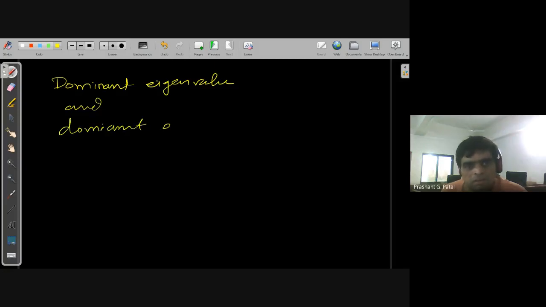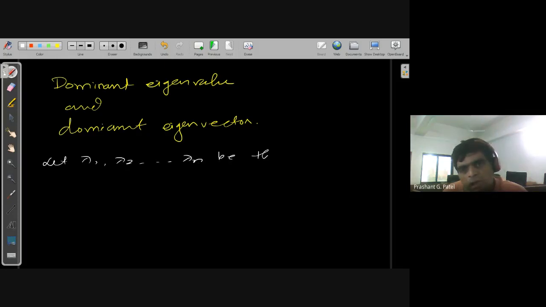Dominant means it is the largest in absolute value. Let lambda 1, lambda 2, up to lambda n be the eigenvalues of a matrix A of order n by n.